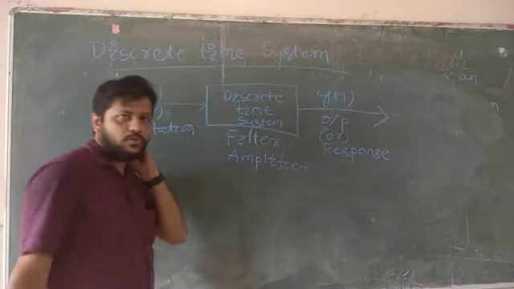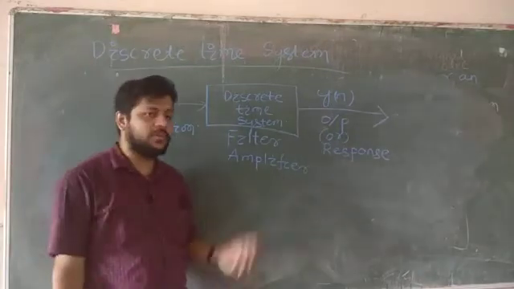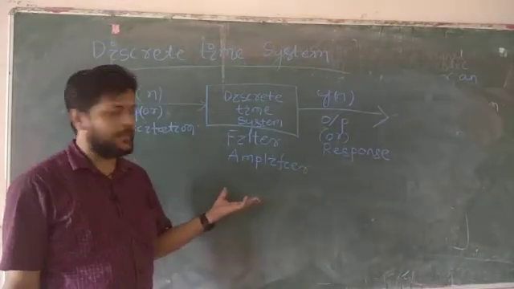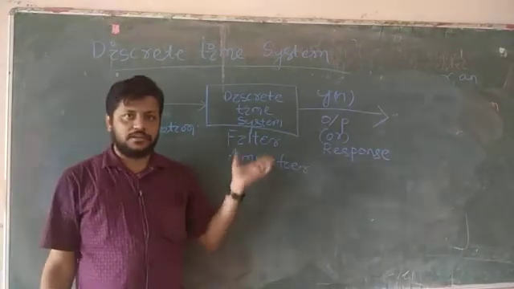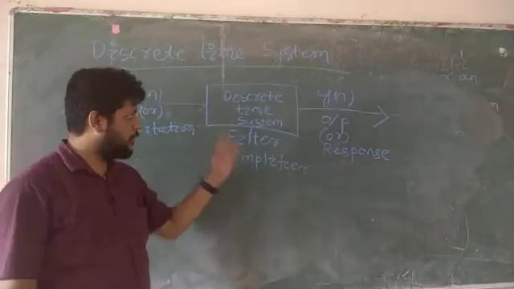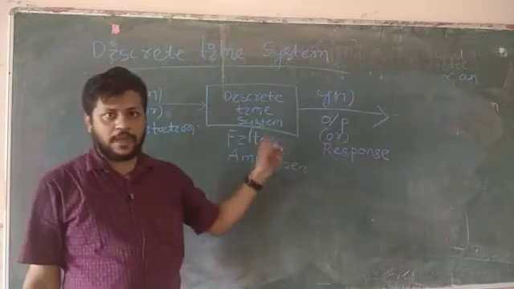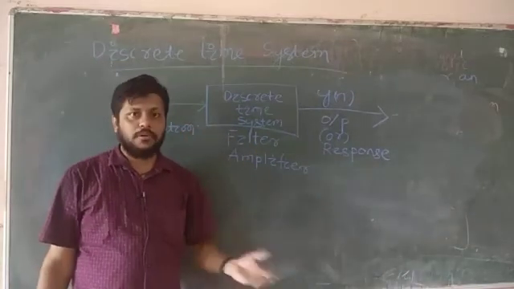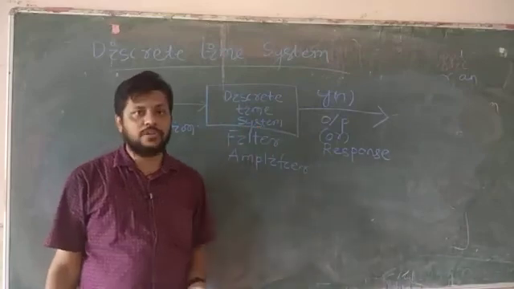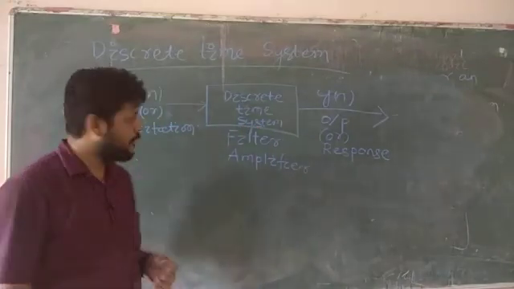Then this system can also be an amplifier. We all know the working principle and application of an amplifier. An amplifier is required to increase the strength of the signal. So when we provide a certain input signal, the amplifier produces the output with a gain.